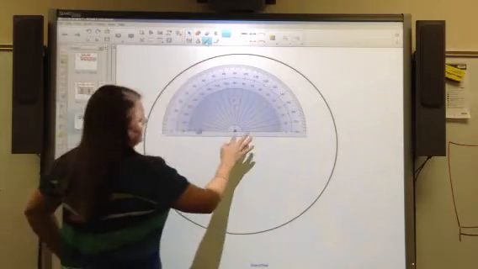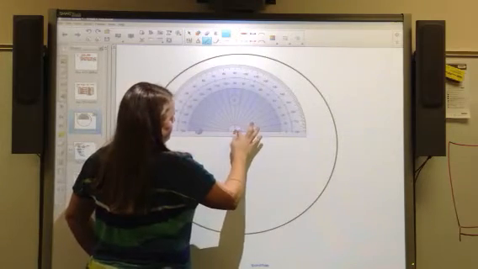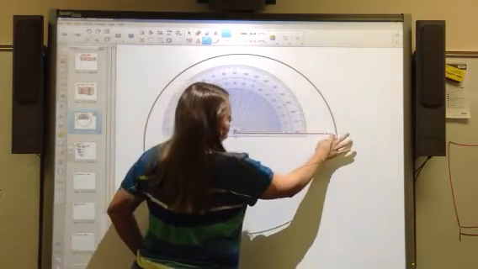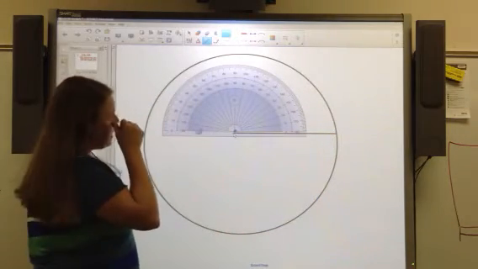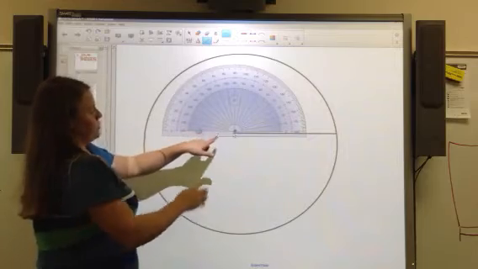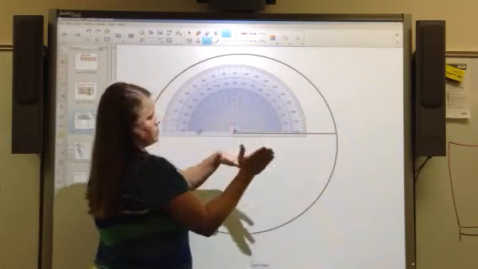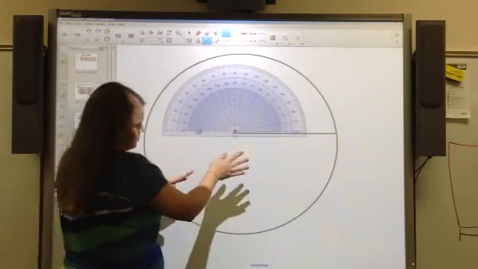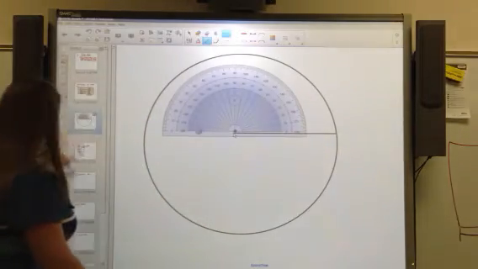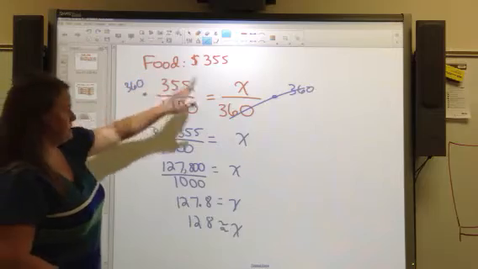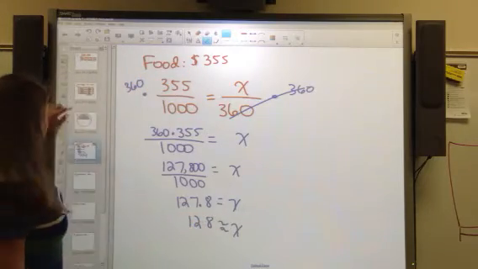I'm going to draw a line extending from this center point to the edge of my circle. Just one line. Now at this point, I'm going to use that line I drew. That's my first part of the circle graph. I'm going to find 128 degrees, which is what I said that my food budget is.